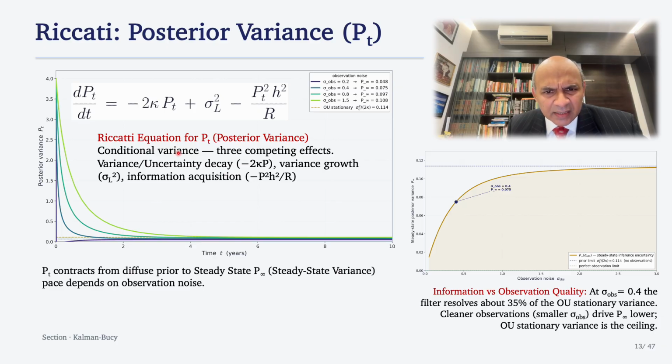You can see that as sigma reduces, you move inward and the variance reduces quicker.